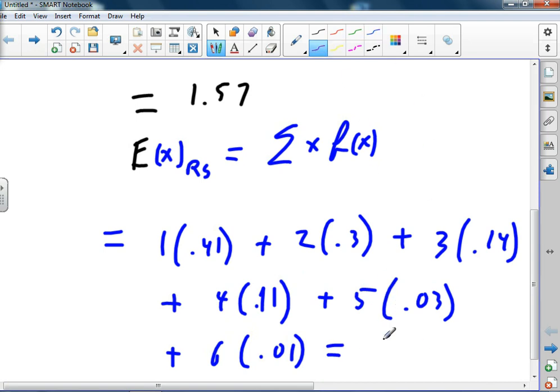And I'm putting that in my calculator. I see that that's probably going to be 2.08.